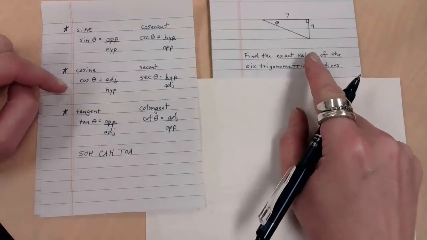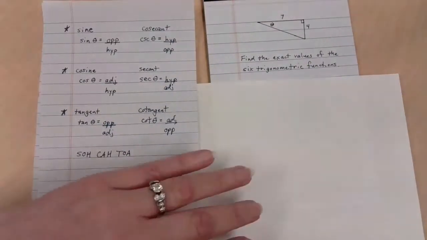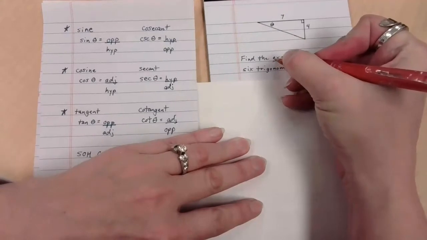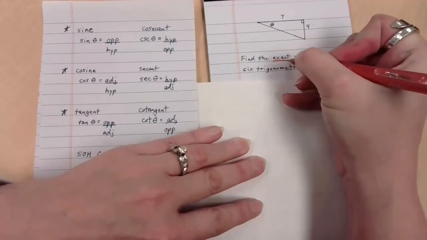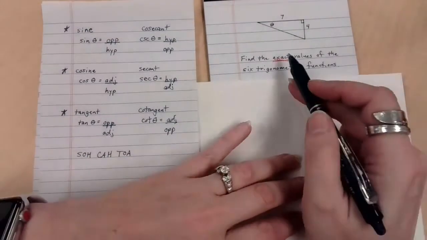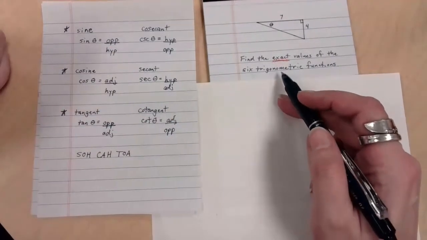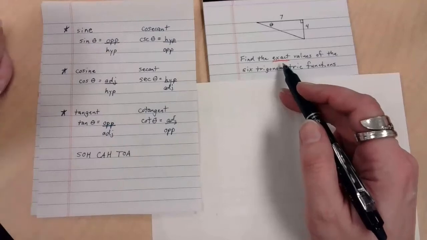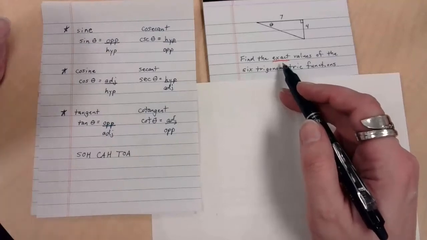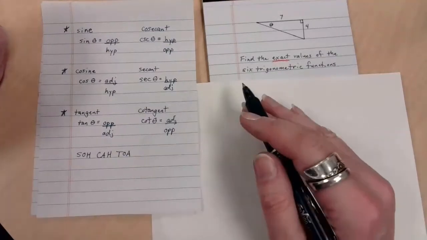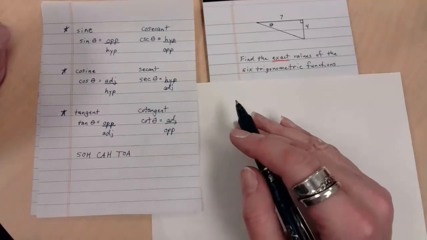We need their exact values. Please note the word exact. Trigonometry has kind of got one foot in the old school stuff. And so while you can get decimal answers for these ratios, if they ask for exact values, you can't go with the decimals. You got to go old school, reduced fractions, watch out for radicals.